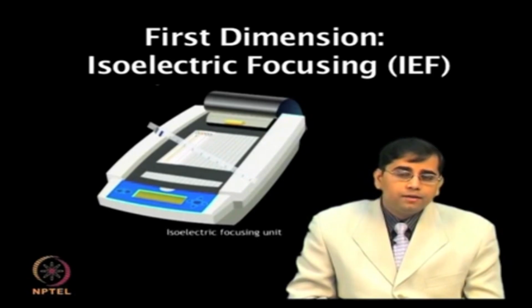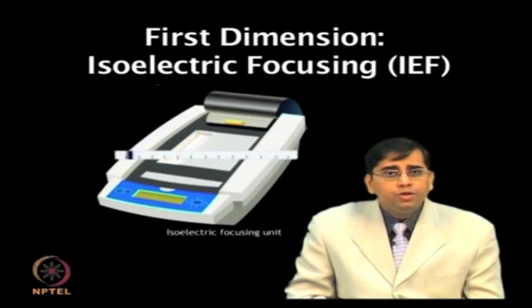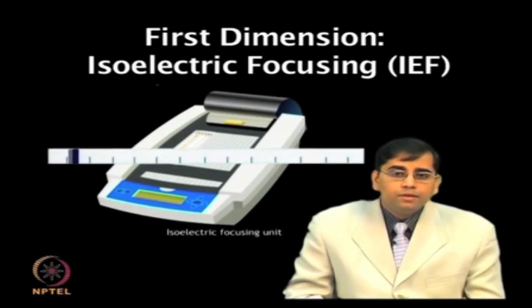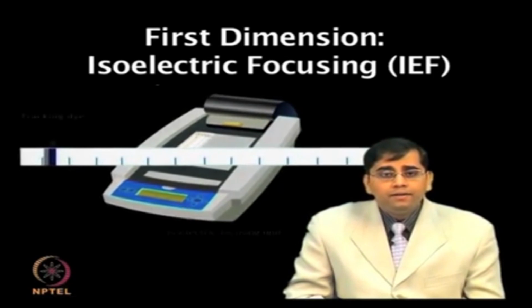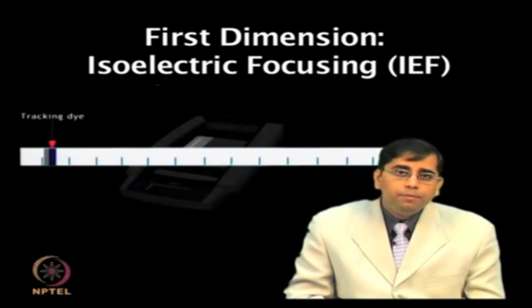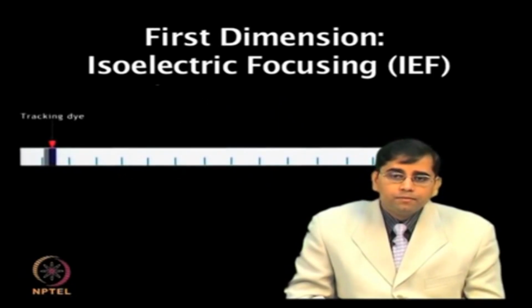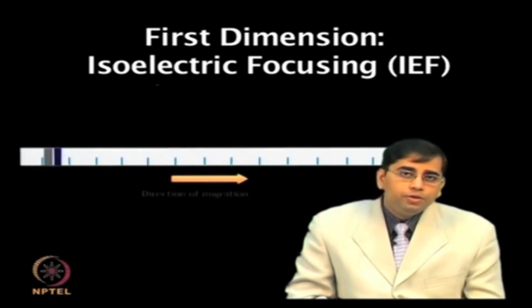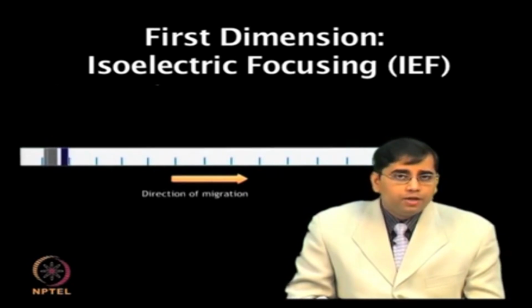Isoelectric focusing involves the application of an electric field which causes the proteins to migrate to the position on the pH gradient strips that matches the pI of a specific protein, after which it does not move in the electric field owing to the lack of charge.